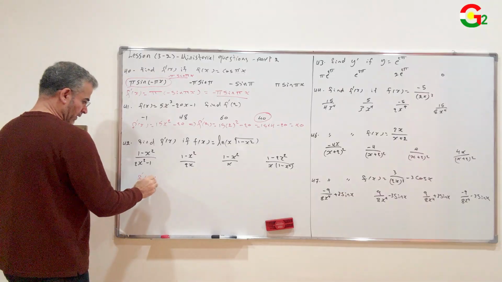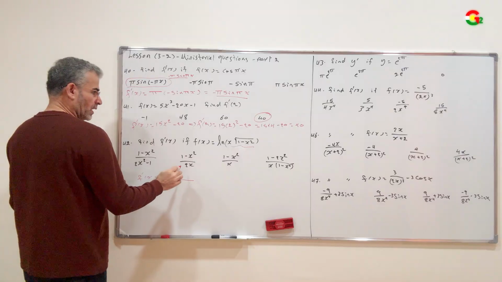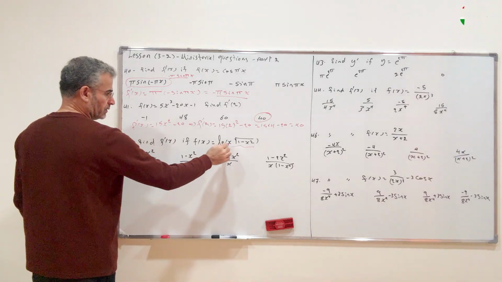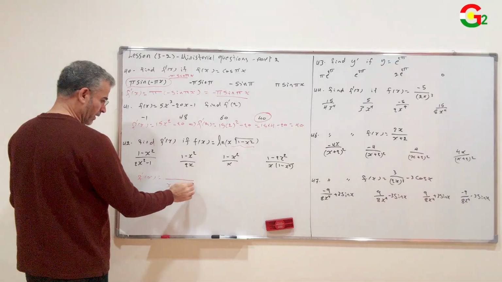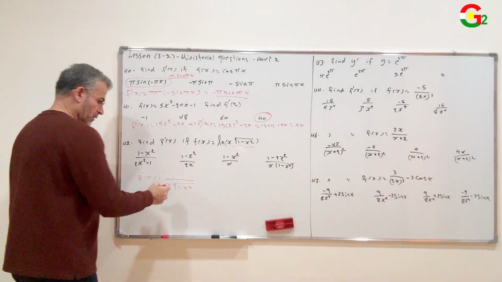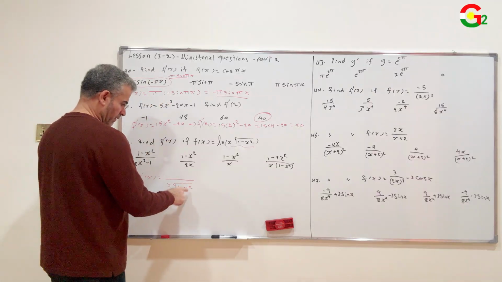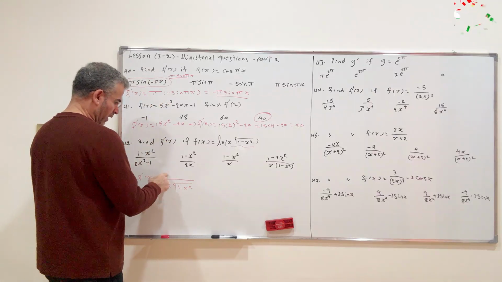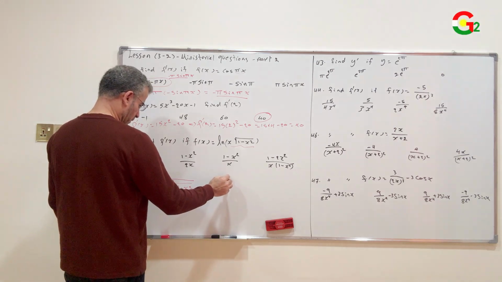The derivative of ln is a fraction. The function inside ln in the denominator and its derivative in the numerator, x square root 1 minus x square. Differentiate this term and put it in the numerator. I'll differentiate it here.